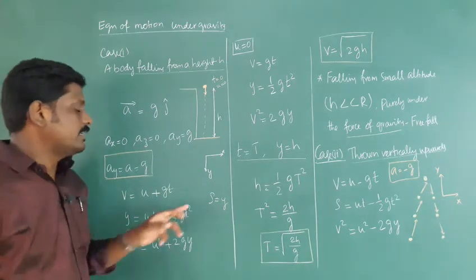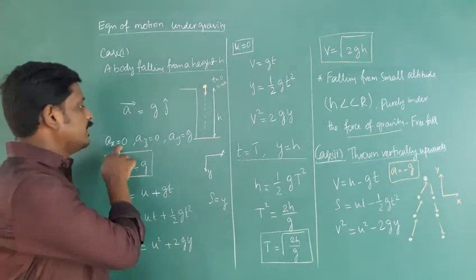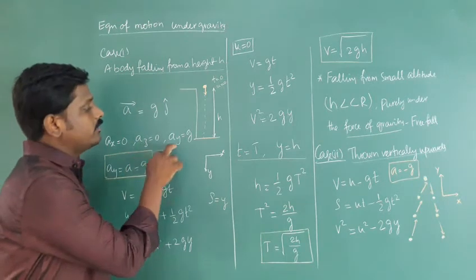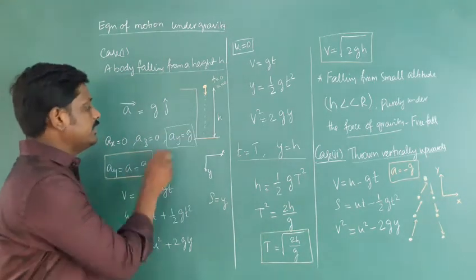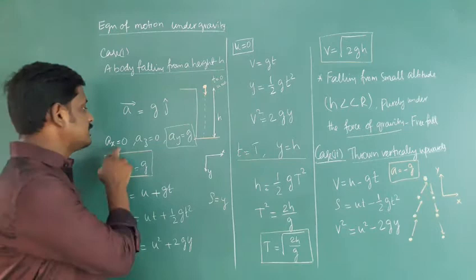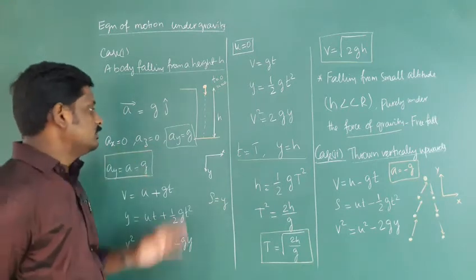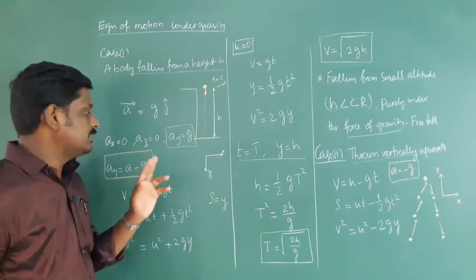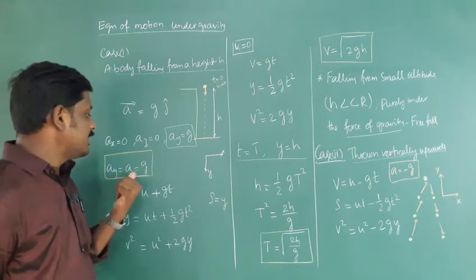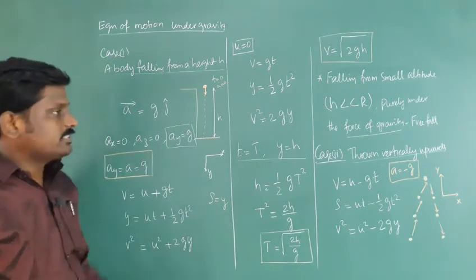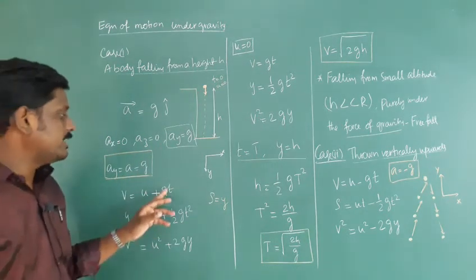In the x coordinate and z coordinate the acceleration is 0, and in the y coordinate the acceleration is g. So simply write it as a is equal to g. In the three equations of motion just substitute a is equal to g.